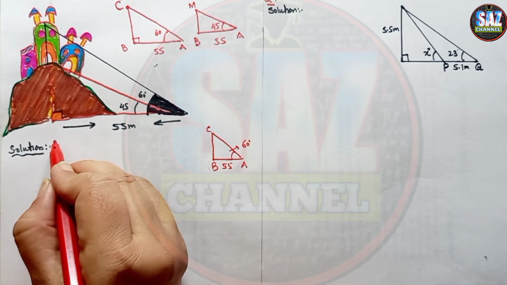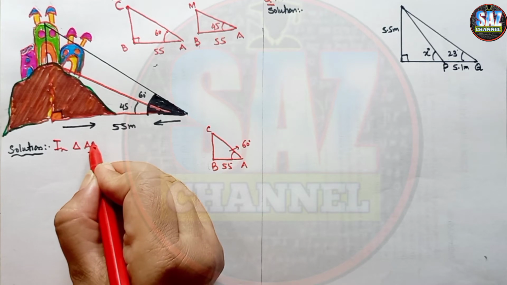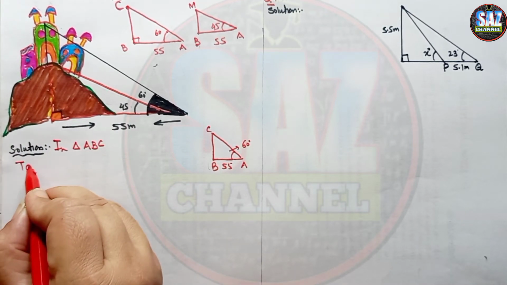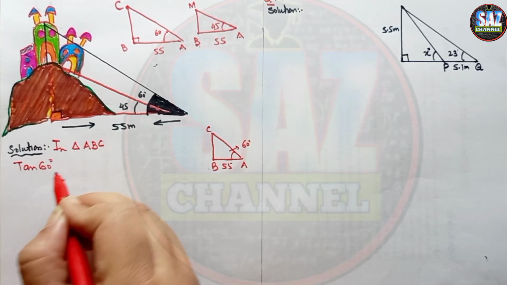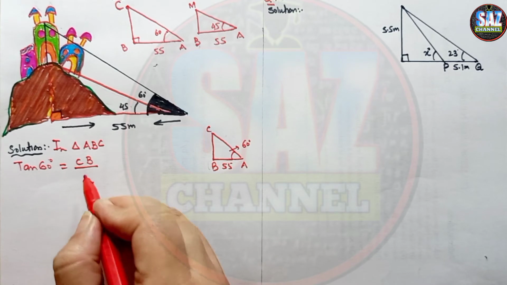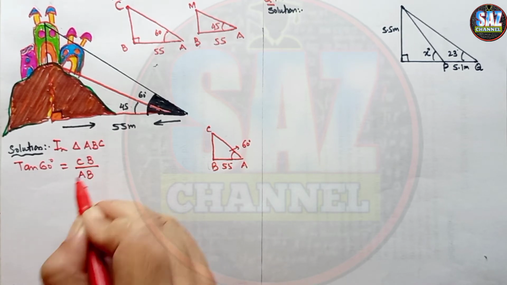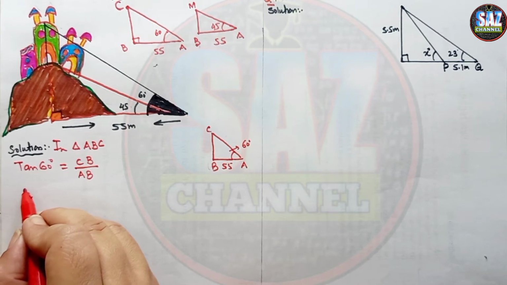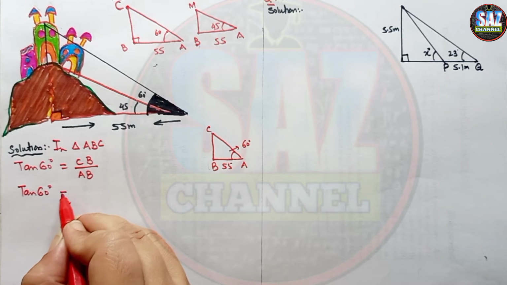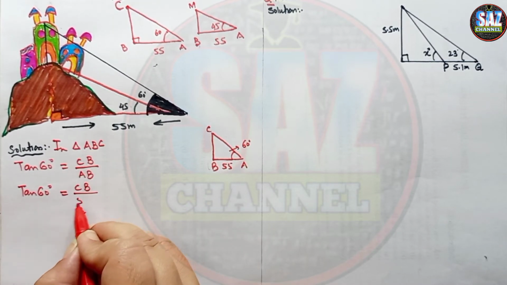In triangle A, B and C, tangent 60 degrees equals opposite, which is CB, upon adjacent, which is AB. So tangent 60 degrees equals CB, which is unknown, upon 55.